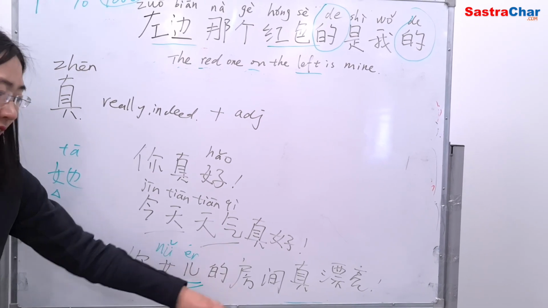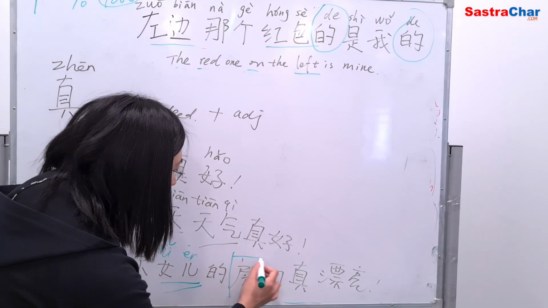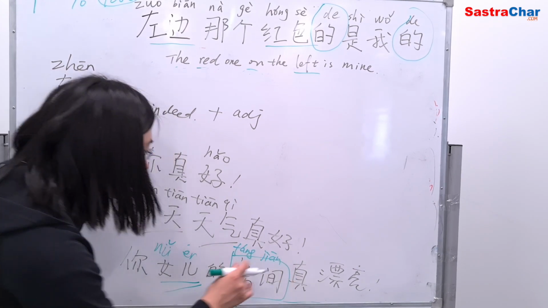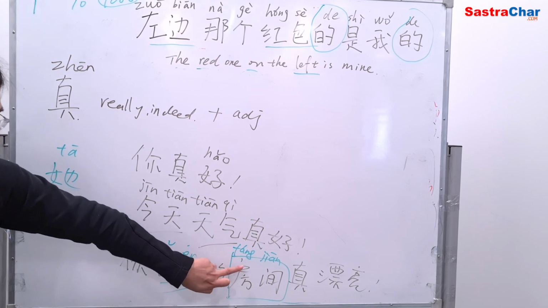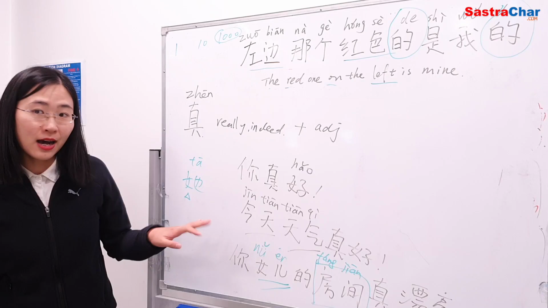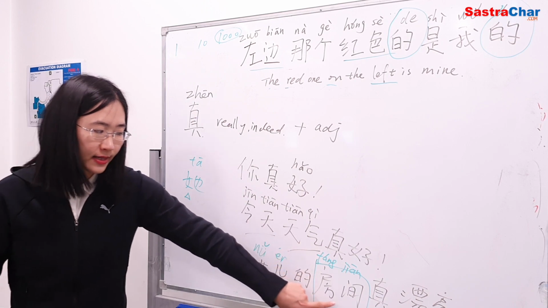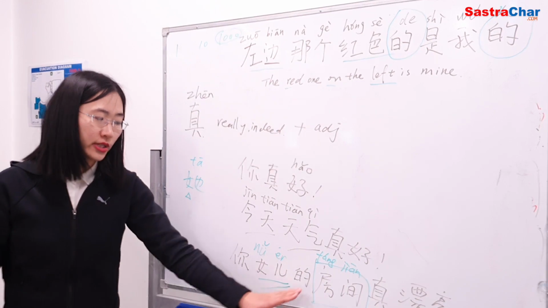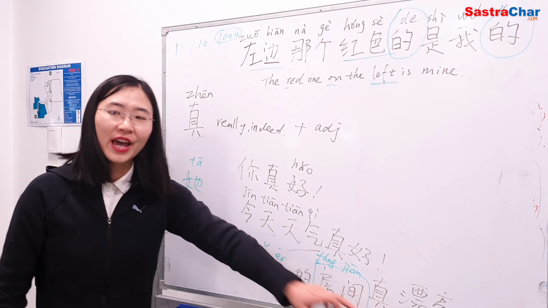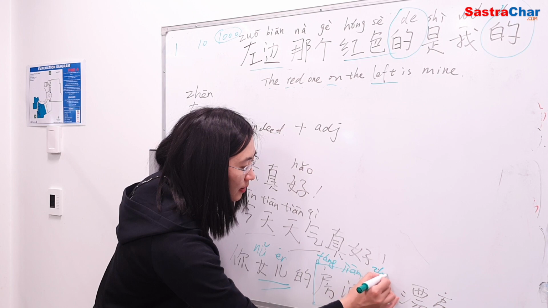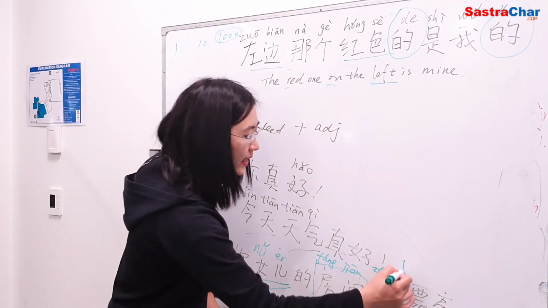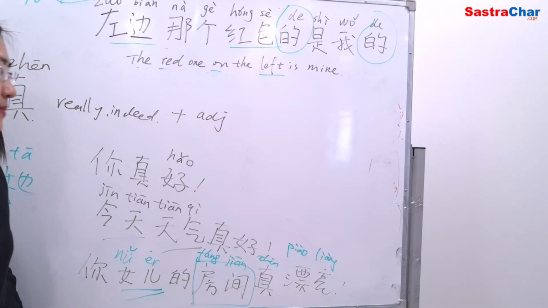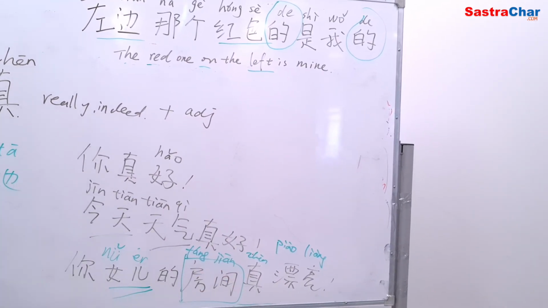你女儿的房间, new word. 房间. See here, 房 has this household radical here. So 房间 is the room. So 你女儿的房间 means your daughter's room. 真漂亮. Okay, 真 really, indeed, and 漂亮. Yeah, we have used this 漂亮 so many times in today's class, right? So 真漂亮 is really beautiful.